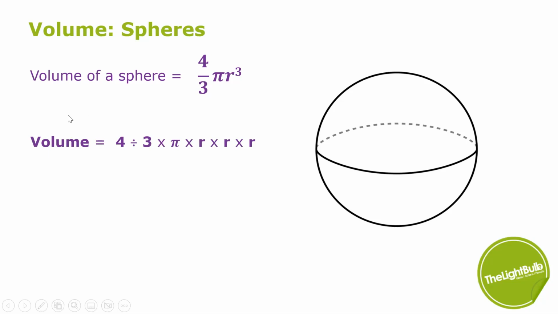So it becomes 4 divided by 3 times by pi, which, as you'll know, is 3.14, and then times by the radius, times by the radius, and then times by the radius once again. So this is what we would do in the calculator. Once we understand what the radius is, that is the only variable in this operation, really.